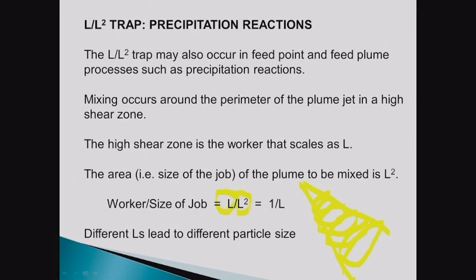The reaction is occurring in L. So I have a 1 over L effect. In other words, I do have a scale effect. And the scale effect shows up as changes in particle size, right? And that's why precipitation reactions could very easily be scale dependent.